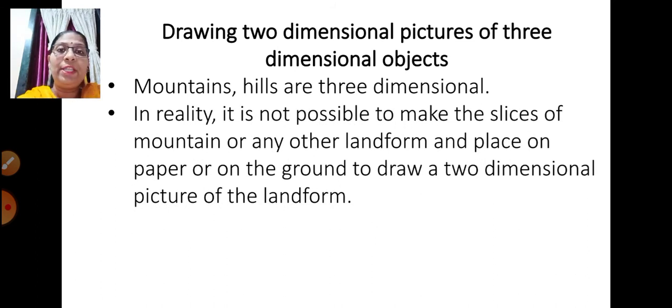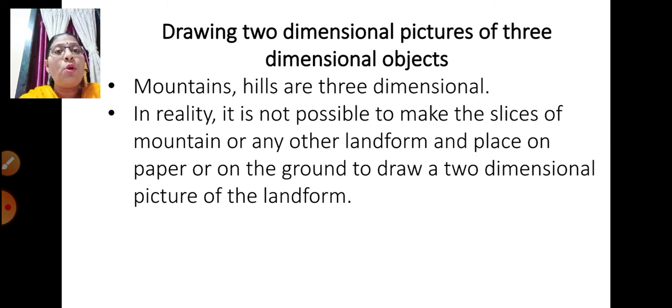Now, in the case of the potato, we could slice it and draw the contours. But in reality, it is not possible to make slices of a mountain or any other landform and place them on paper or ground to draw a two-dimensional picture of the landform. You cannot pick up a mountain, cut it into slices and then draw the contours.